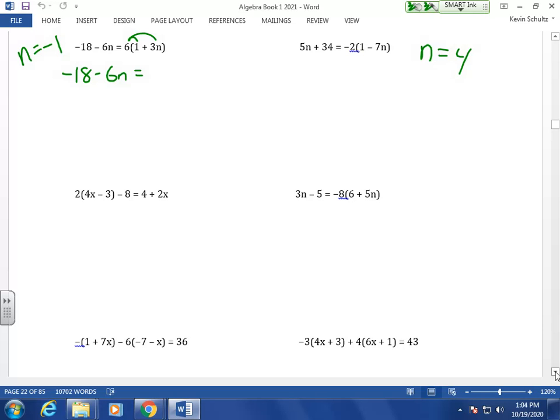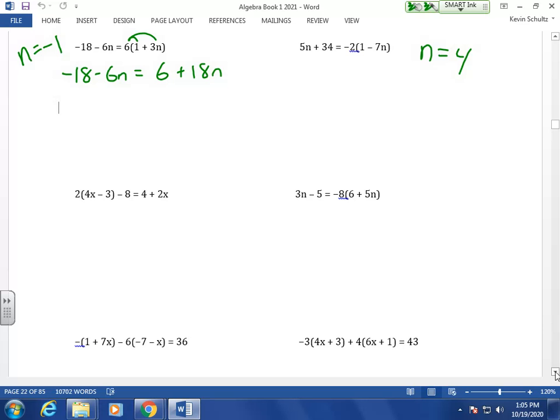And so 6 times 1 is 6. 6 times 3n is 18n. If you don't have this line, and this is why it's so important to show each and every step, if you don't have this line of work correct, then your mistake was with the distributive property. So often, if you get several wrong on this page, you might think, I don't get any of this.